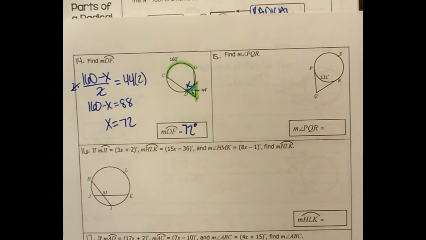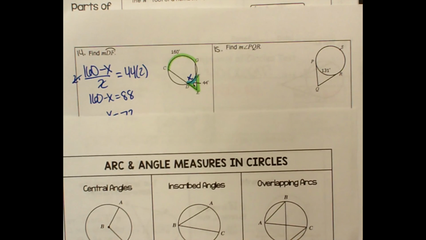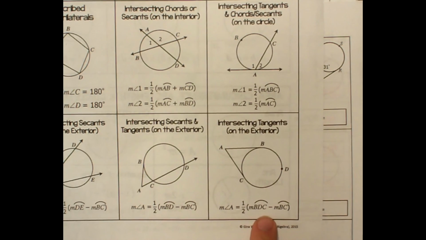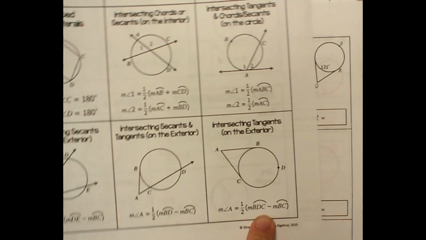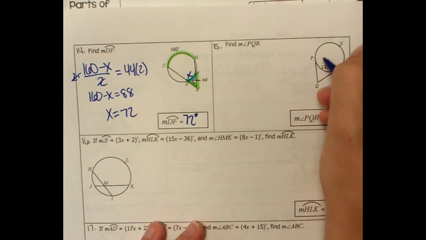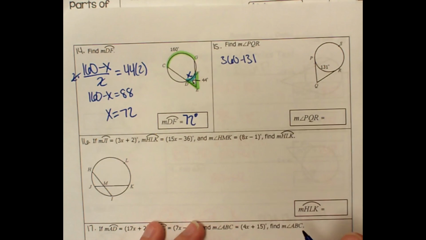Number 15 is two tangents intersecting on the outside. So if we look, two tangents on the exterior is still big arc minus the little arc divided by 2 is equal to your angle. Because it's two tangents, to find the big arc, you would do 360 minus 131.